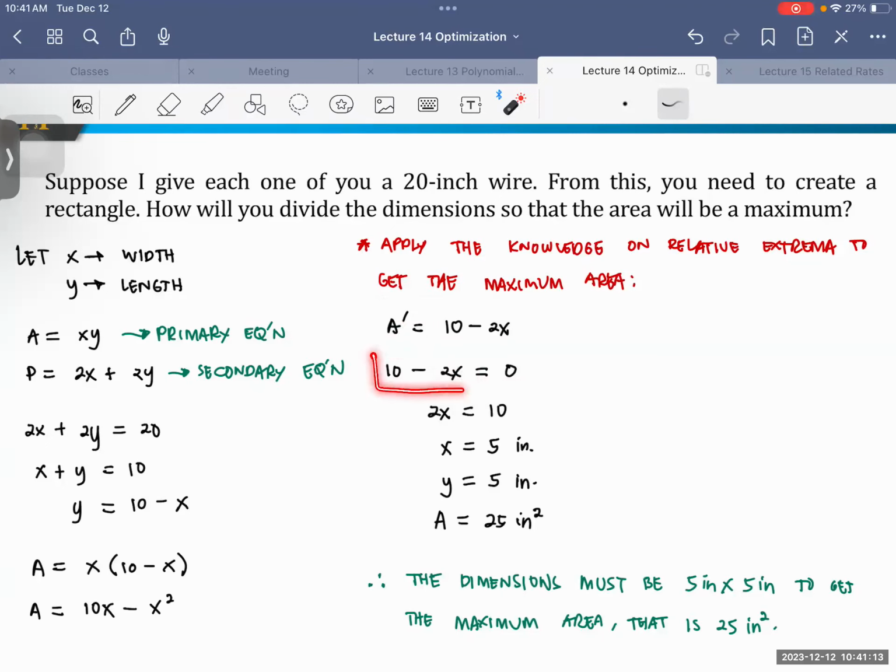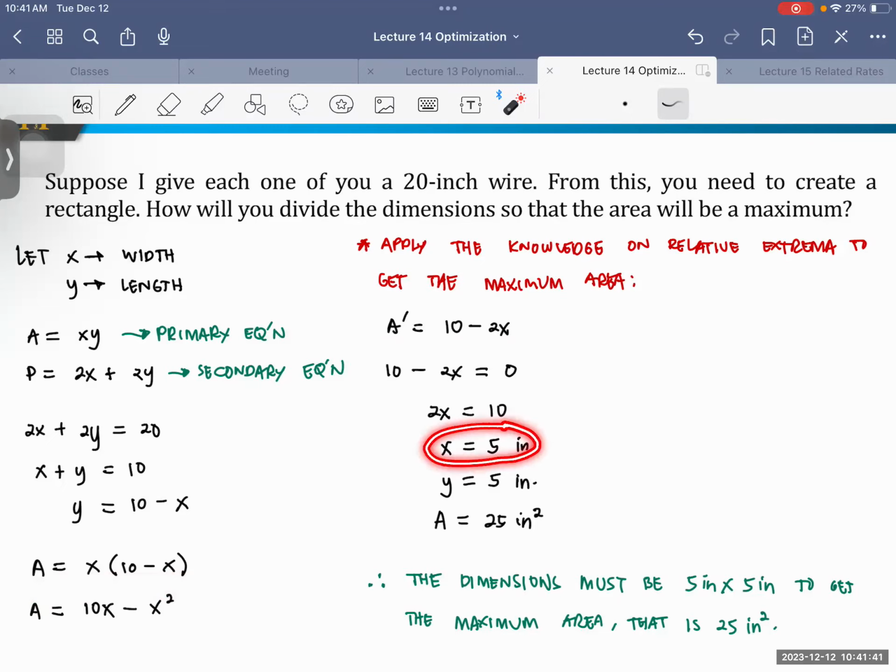So, equating it to 0, we get x is equal to 10 over 2, so x is equal to 5. Meaning, the width x that gives the maximum area, because the derivative A prime is equal to 0, right? The derivative at the maximum, A prime is equal to 0.